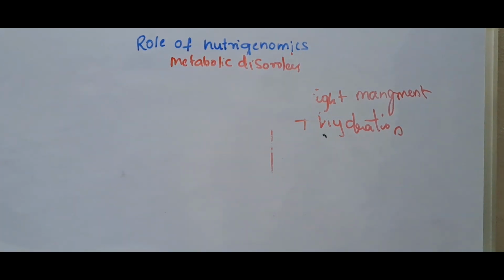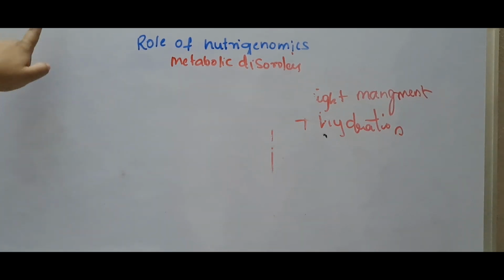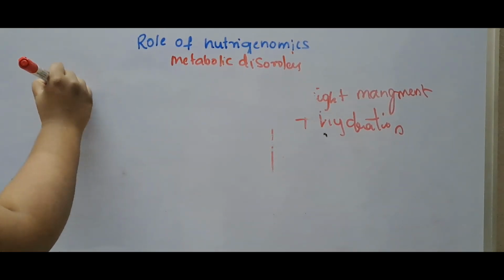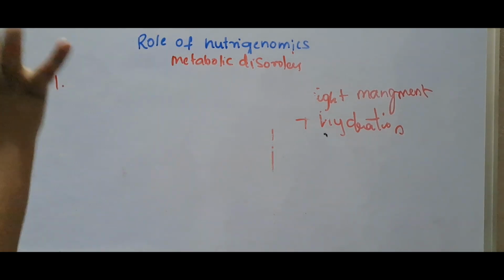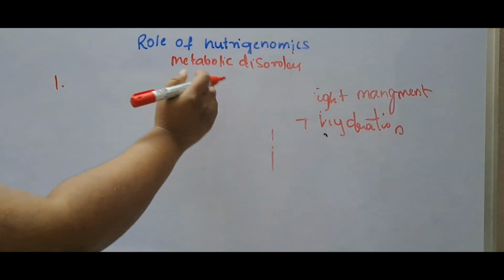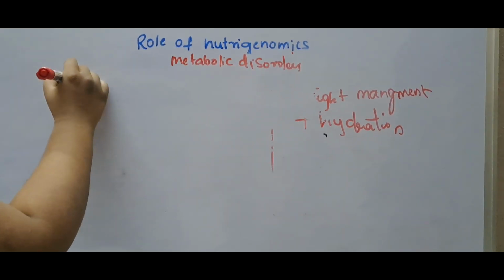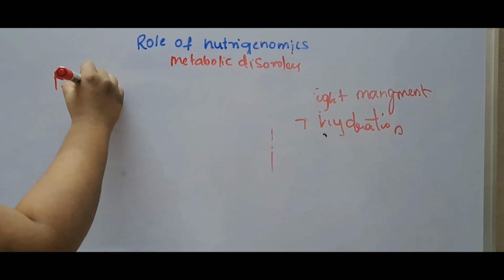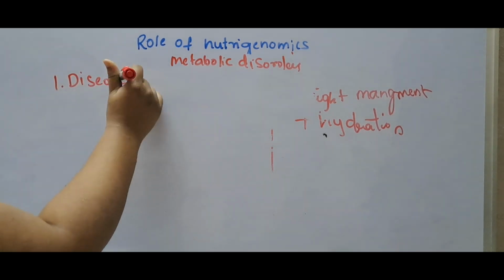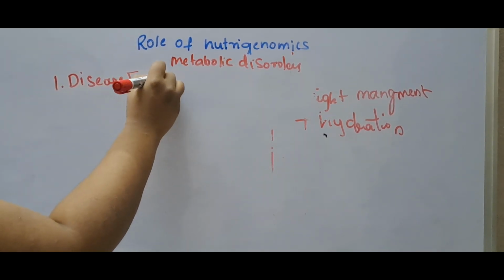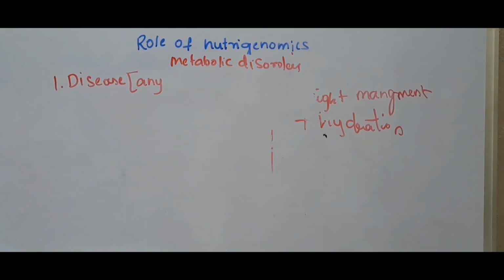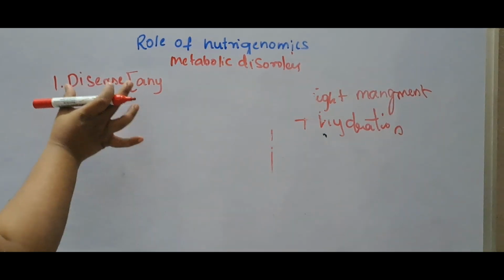Okay, that means for CVDs, for hypertension, and for upcoming videos also, you need to maintain these steps to write the answer. The first one: whatever disease you are discussing, whatever the metabolic disorder, the disease should be discussed first. If they mention the role of nutrigenomics in CVD, you need to discuss CVD first.